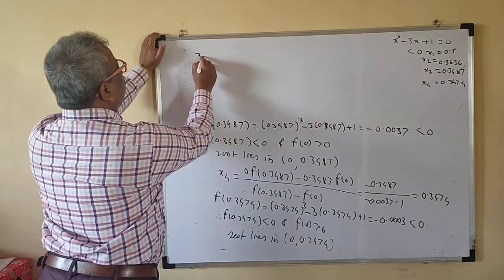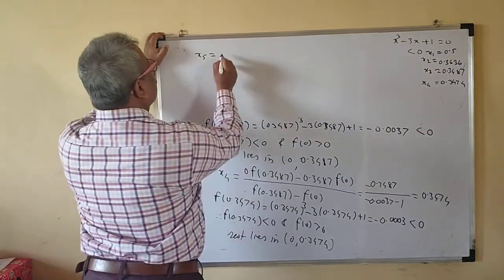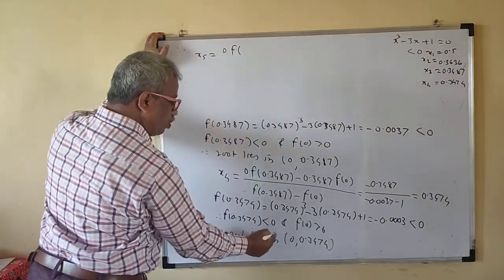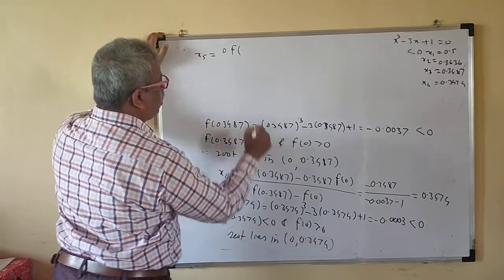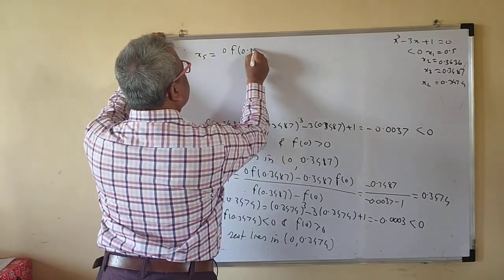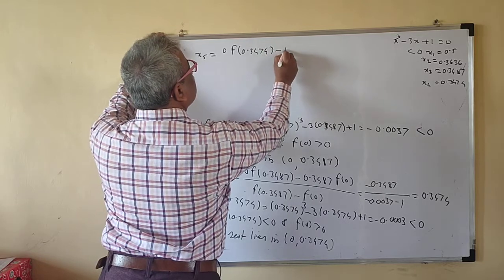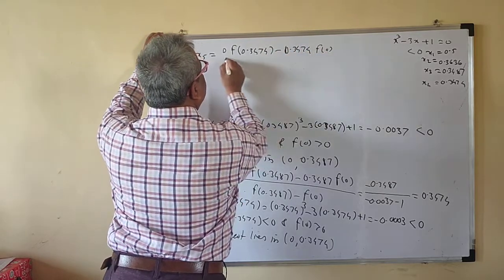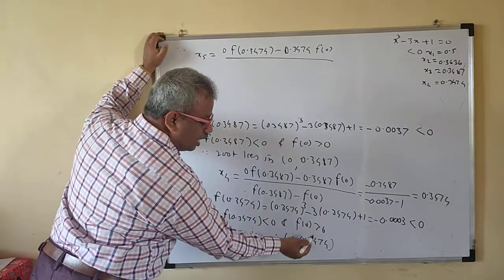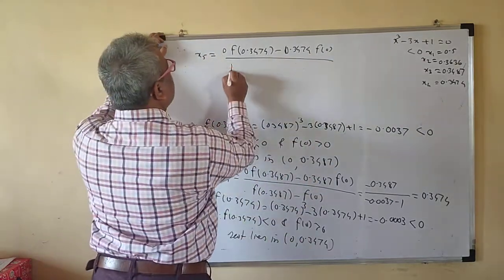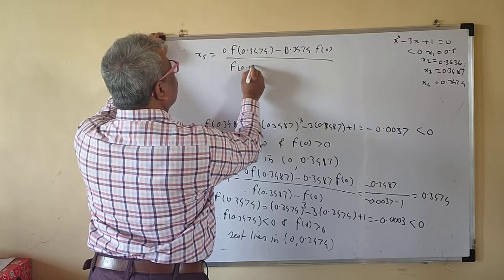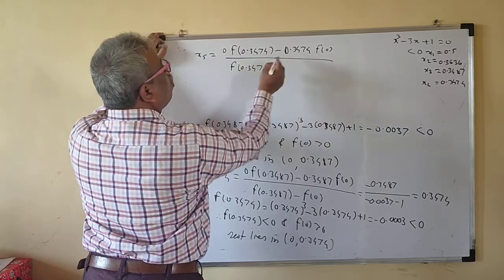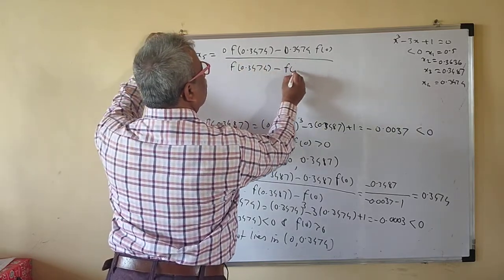Okay. Now we find x5. x5 is equal to 0.3474 minus 0.3474 into f of 0, upon f of 0.3474 minus f of 0.